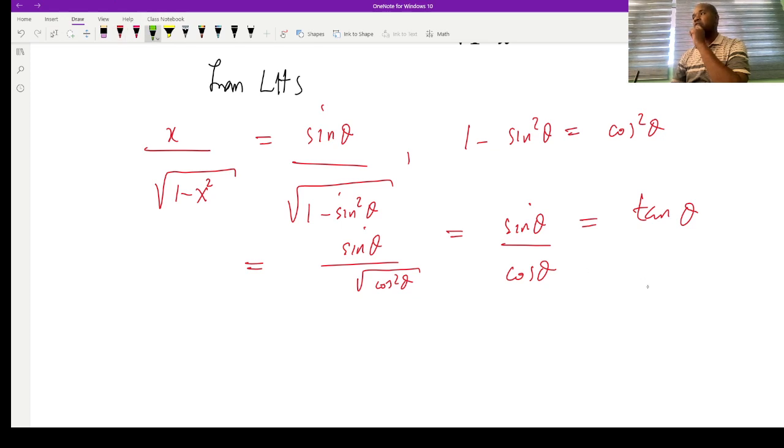So you can conclude that we have already shown that x over square root of 1 minus x squared is equal to tan theta, and this is the right hand side expression, dear students.